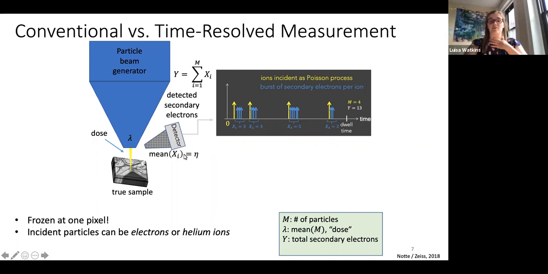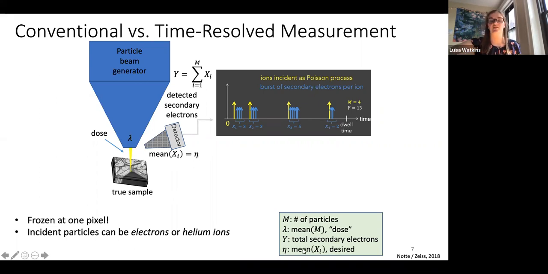Now, what we actually want to know is the mean of the way they're distributed. So the mean of each xi, where each xi is the burst, is how many secondary electrons are coming off in response to a specific ion. And that mean value is called eta.